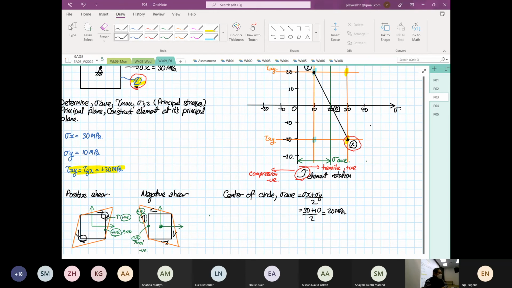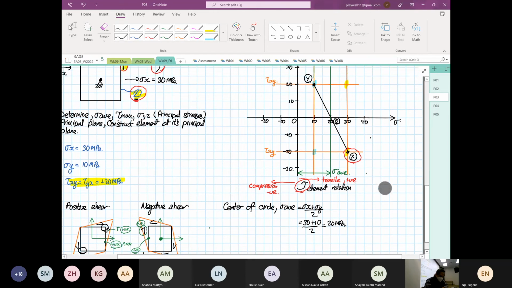Now, another thing to take note of is the angle between X and Y. Between X to Y, the angle over here, what angle is this? 180 degrees.